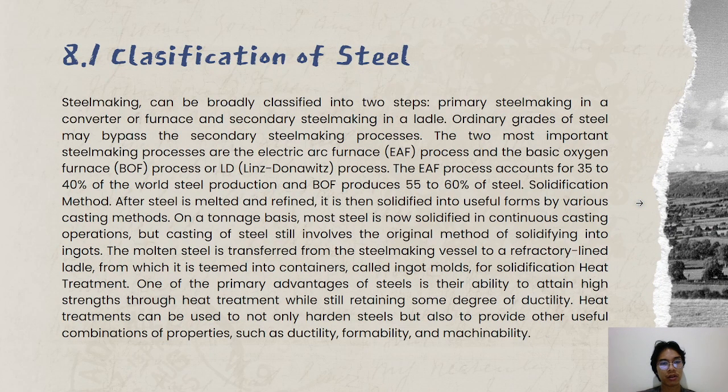Steelmaking can be broadly classified into two steps. The first is primary steelmaking in a converter or furnace, and the second is secondary steelmaking in a ladle. Ordinary grades of steel may bypass the secondary steelmaking process. The two most important steelmaking processes are the electric arc furnace, or EAF, and the basic oxygen furnace, or BOF, also called the LD or Linz-Donawitz process.